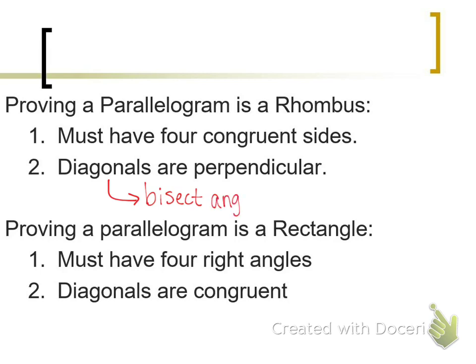Sometimes they're called vertex angles, or those angles that are in the corners. If a parallelogram is going to be a rectangle, we need to have all four right angles. And in a rectangle, the diagonals are congruent to each other.